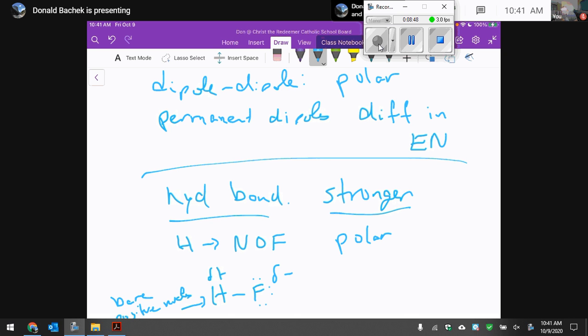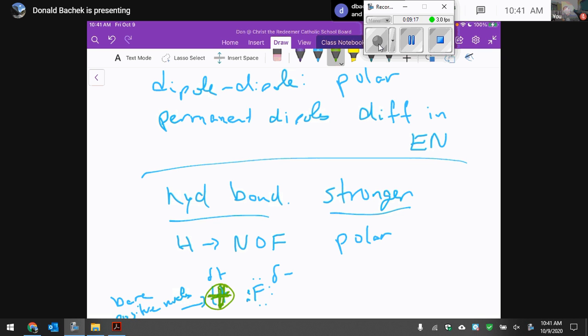Because remember, these electrons are probably spending more time over here, especially with HF. It's super, super polar. So instead of just a partial positive end, we're left with basically one proton in the nucleus, yes? So we get a proton in the nucleus.